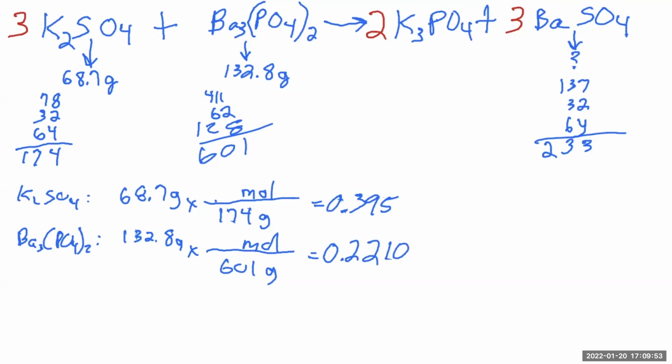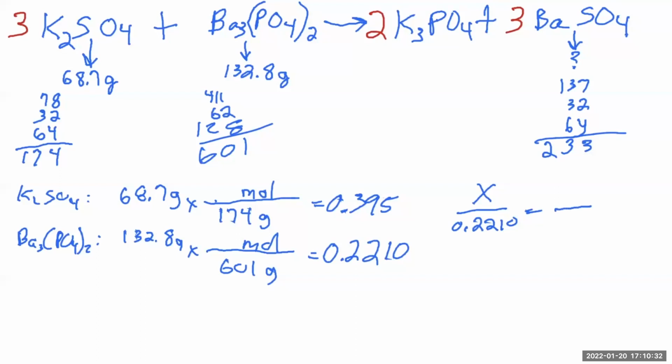We have to set up our ratio to see which one's going to run out first, which one's going to be our limiting reagent, because once we run out, it stops. So which one do you want to make X? Potassium sulfate. Got it. Let's make that one X. So we've got X over 0.2210 equals the ratio.